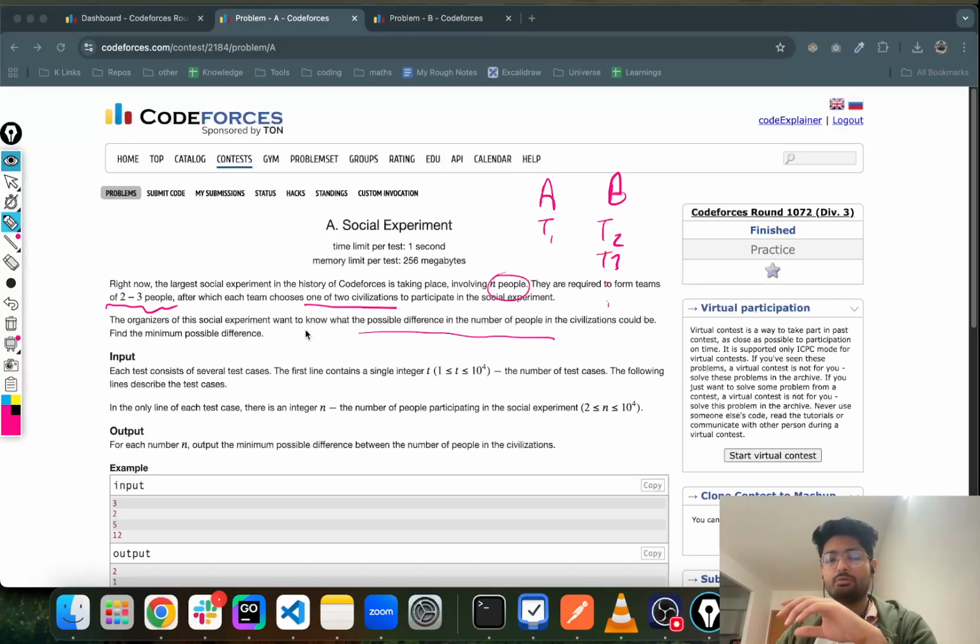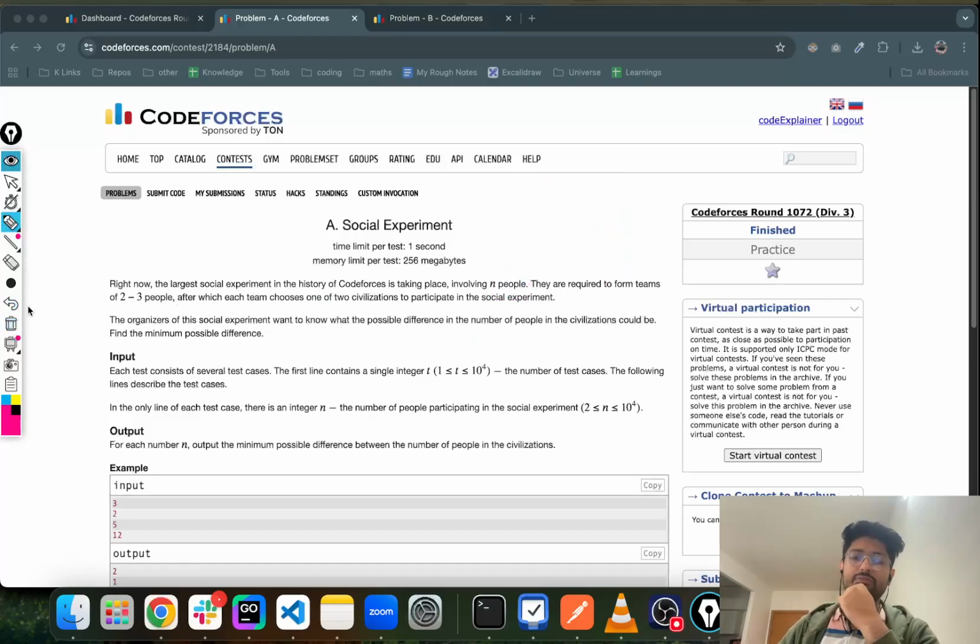For a very A problem, always take some examples and do some small logical thinking. It will be very easy. So let's take that I have only 2 people. If I have only 2 people, what is the difference? Because I can form teams of 2 or 3 people, with 2 people I cannot form a team of 1 person. So if I have civilization A and civilization B, both have to go to one civilization only, because that forms one team.